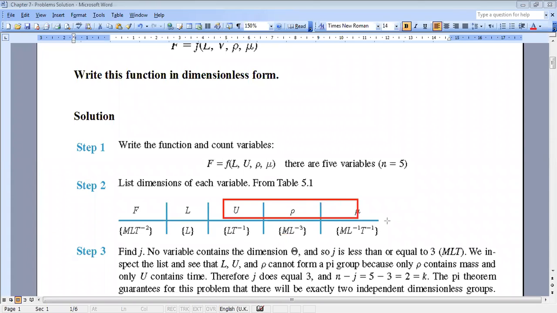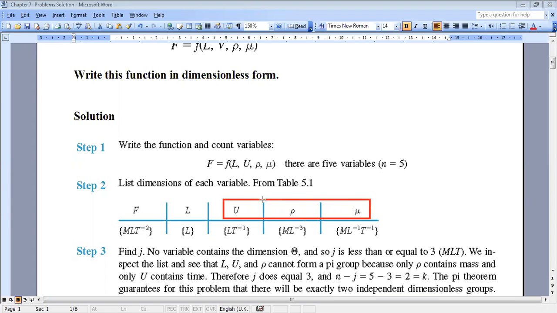Here it's not very clear whether they can form a group or not, because, for example, I have M in two places, M in rho and M in mu, and I have T in U and T in mu. So maybe they can form a group, maybe not.